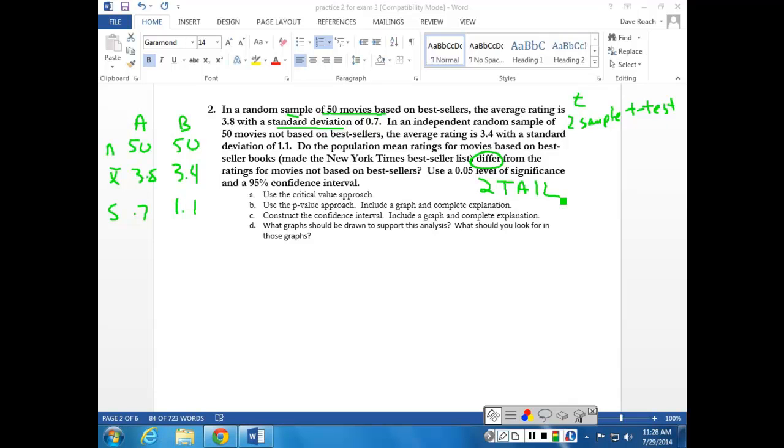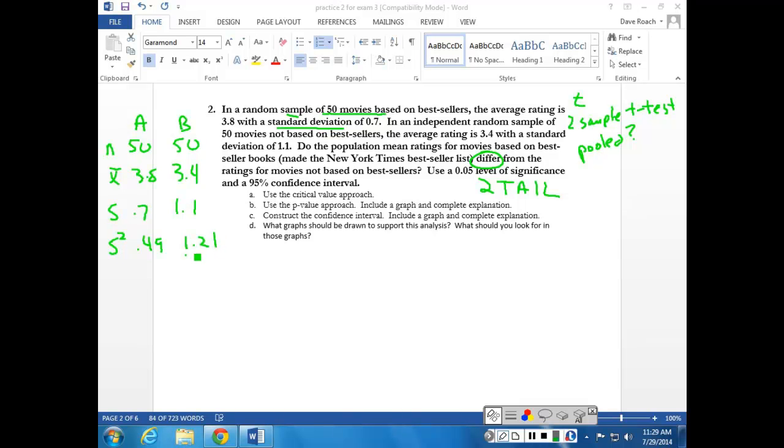And with a two-sample t-test, from a practical standpoint, the first question you want to ask is, were the variances close enough to be pooled? Don't look at the 0.7 and the 1.1. Those are the standard deviations. You have to get the variances. It's 0.49 and 1.21.